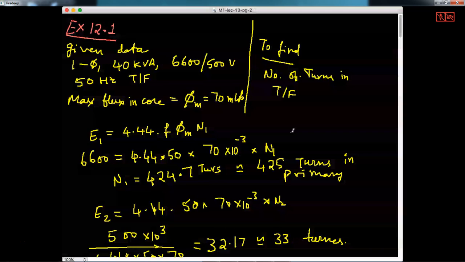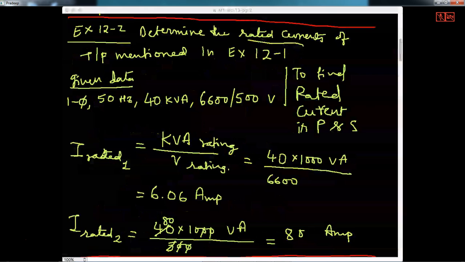Next, let's look quickly at one more example. This is example 12.2. Here we have to determine the rated current of the transformer mentioned in example 12.1.